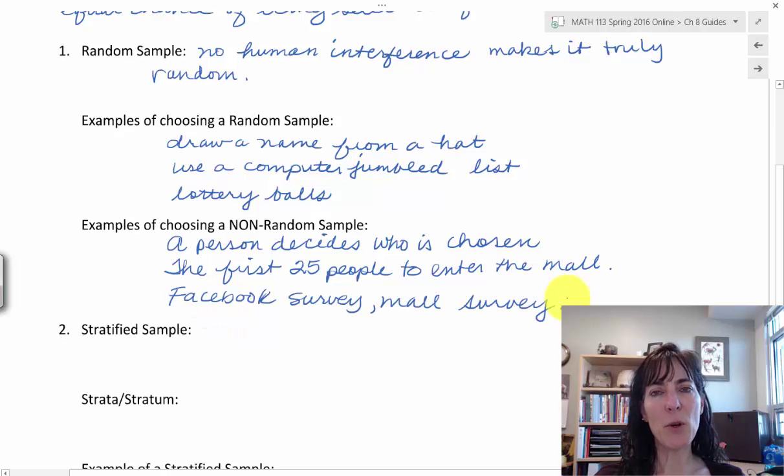And sometimes even a phone survey can be considered to not be random, because there are a lot of people who have phones that are not listed, so you don't even have the opportunity to call those phone numbers. And also, some people don't even have a phone, so they're completely excluded from consideration. Anything like that, you have to be really careful, because they might not be in the consideration.